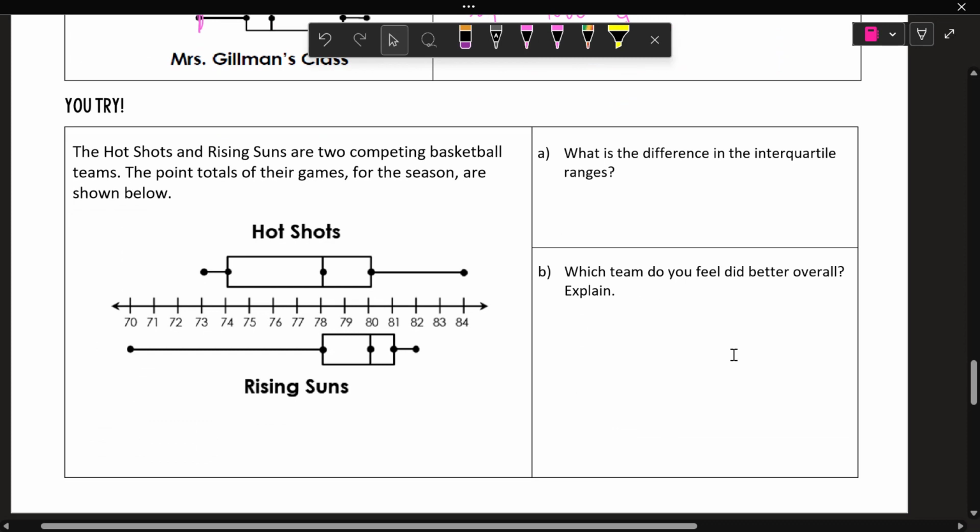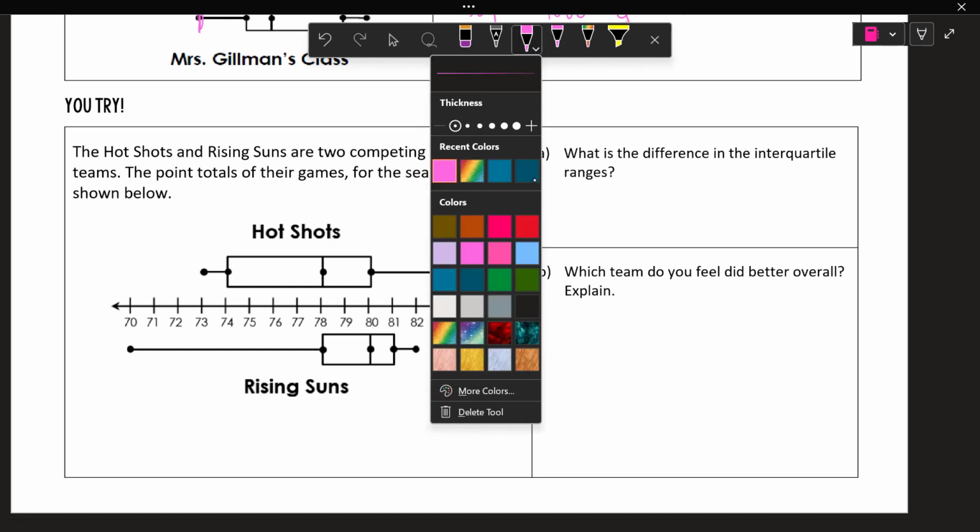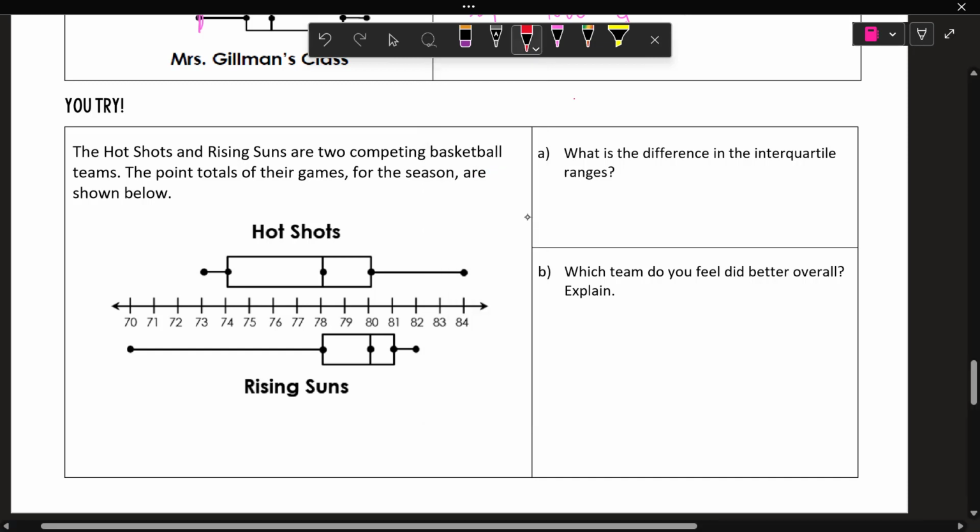All right, last one. The Hot Shots and Rising Suns are two competing basketball teams. The point totals of the games for the season are shown below. What is the difference in the interquartile ranges? All right, so we got Q1 here and Q3 here for Hot Shots. We got Q1 here and Q3 here for the Rising Suns.